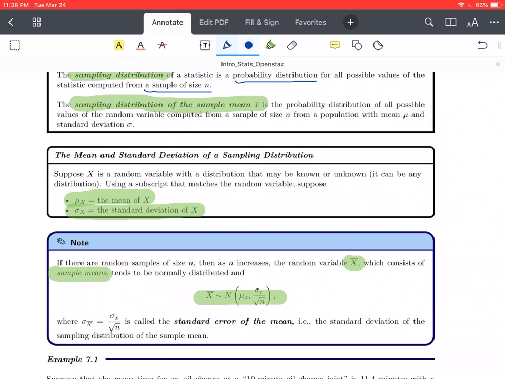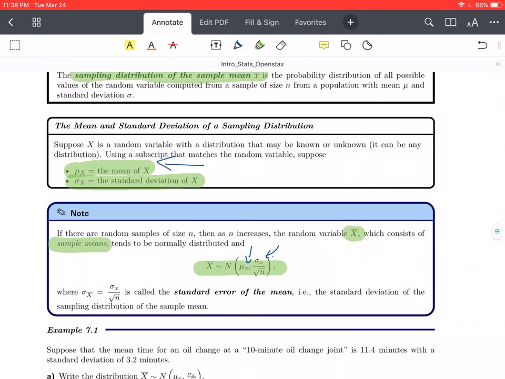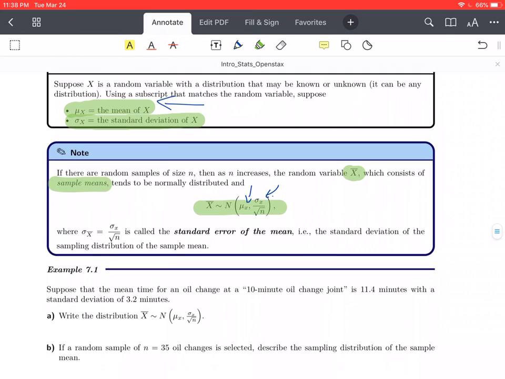In other words, the mean for the sample mean distribution is just the same as the mean for the regular distribution. And then for the standard deviation, all we need to do is divide by the square root of n, where n is the sample size. And that's going to give us the standard deviation that we're looking for. Of course, we will see plenty of examples with this.